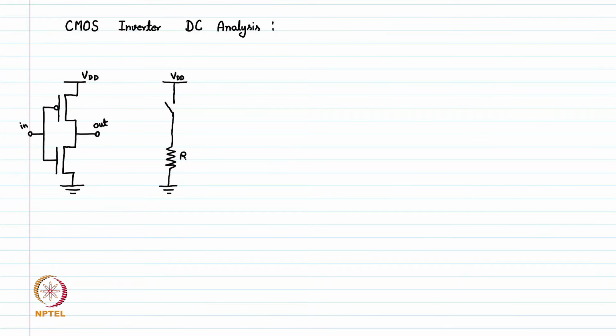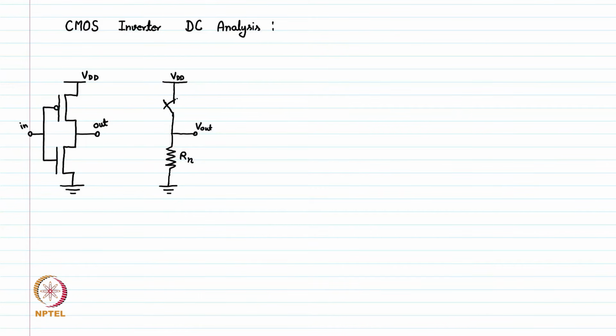Let's say this is Rn, the resistance of the NMOS, and this is our output at node out.